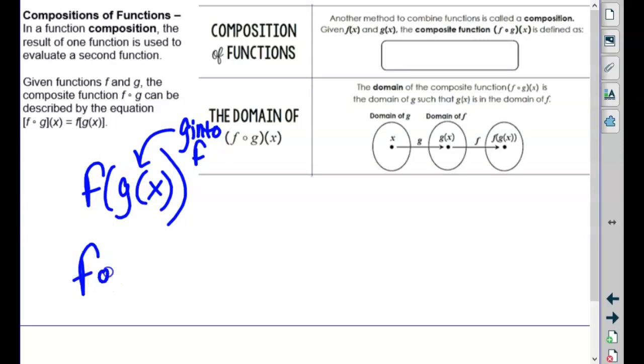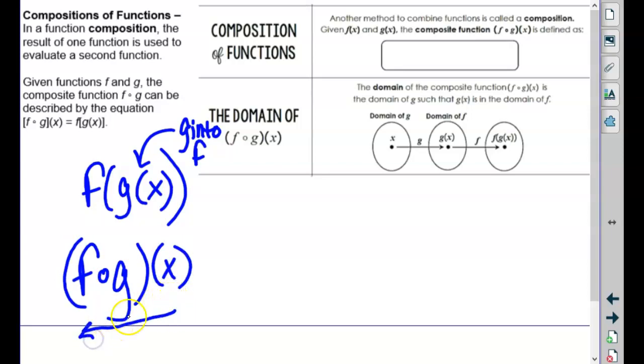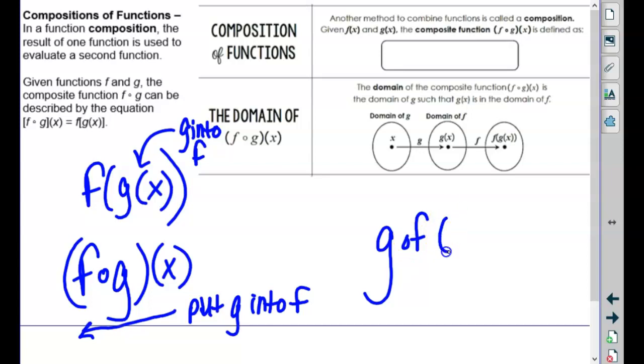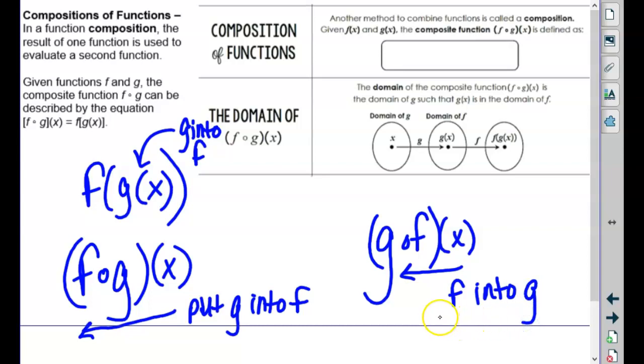When we use this new notation, it's going to look like this. This means backwards, you're putting g into f. If it's this way, then you're putting f into g. Okay.